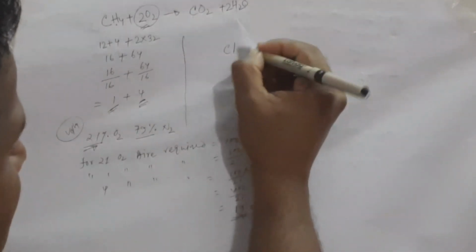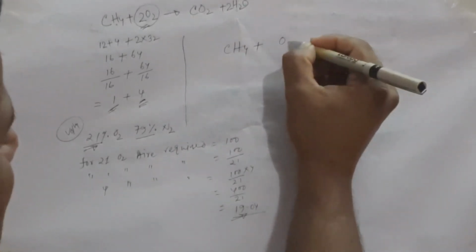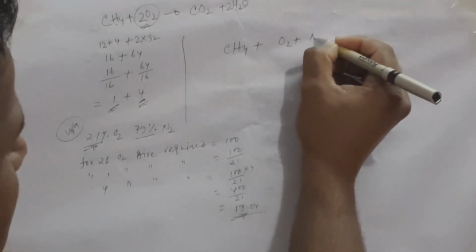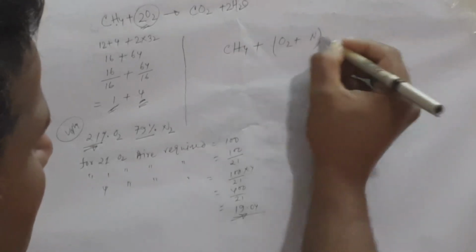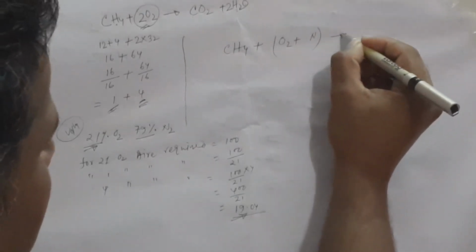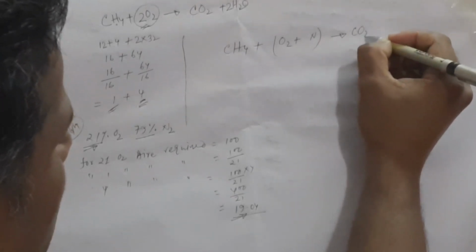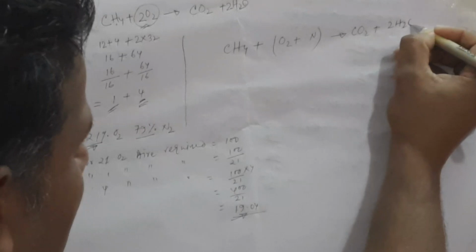If methane CH4 plus oxygen plus nitrogen, that means air, reacts, then what will happen? CO2 plus water, the same reaction will happen.